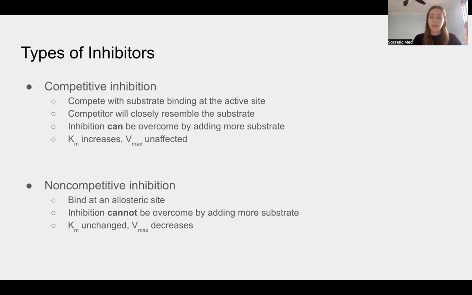They're pretty independent of each other. So the affinity for the substrate will not change, but Vmax will decrease. You won't be able to reach that Vmax because a lot of your enzyme will be inhibited due to the inhibitor binding at the allosteric site and preventing some of your enzymes from binding.